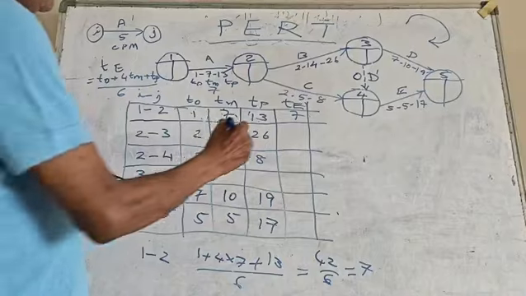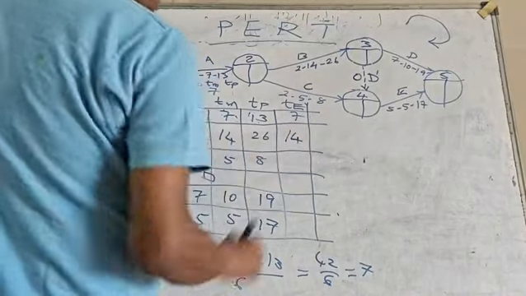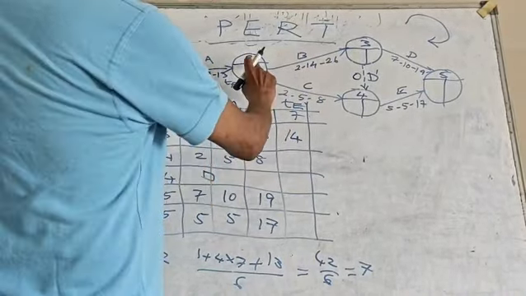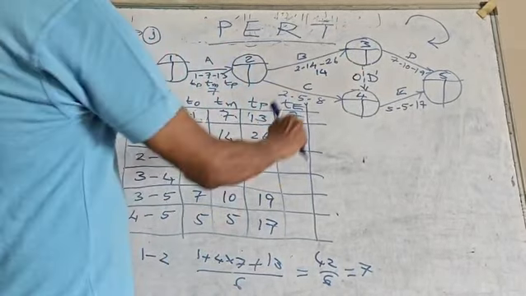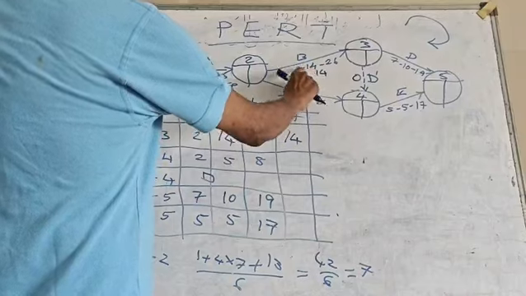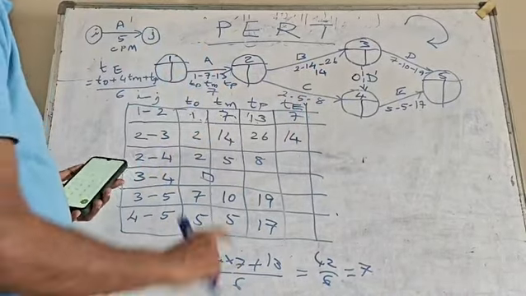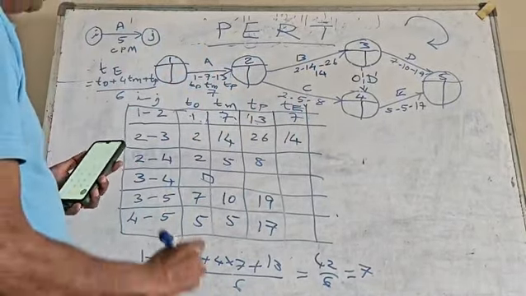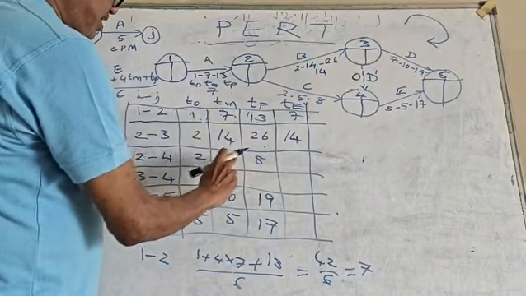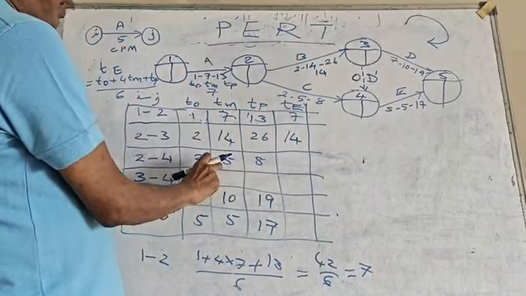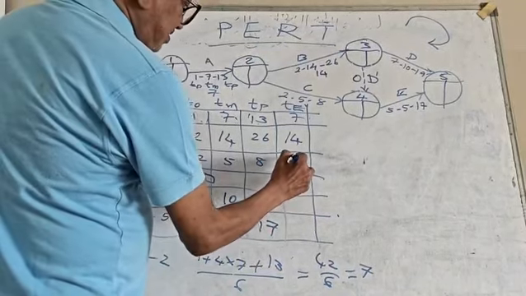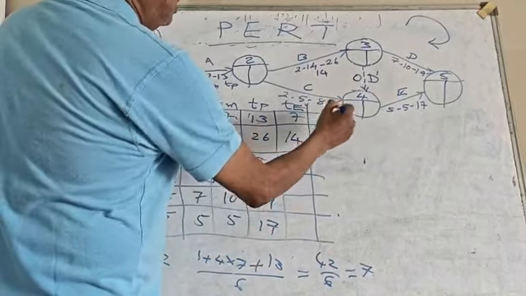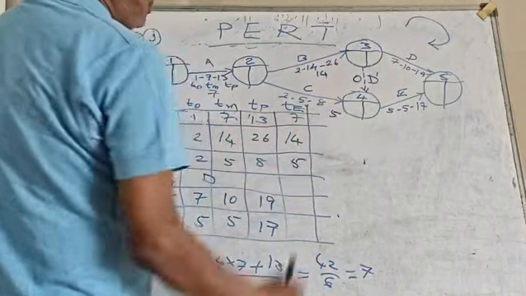It will come as 14. So for 2 to 3, you transfer 14 here. It is luckily coming as the center value, but sometimes it need not be; it will be different. For 2, 4: 5, 8. 4 fives are 20, 20 plus 10 is 30, 30 by 6. So this becomes 5.